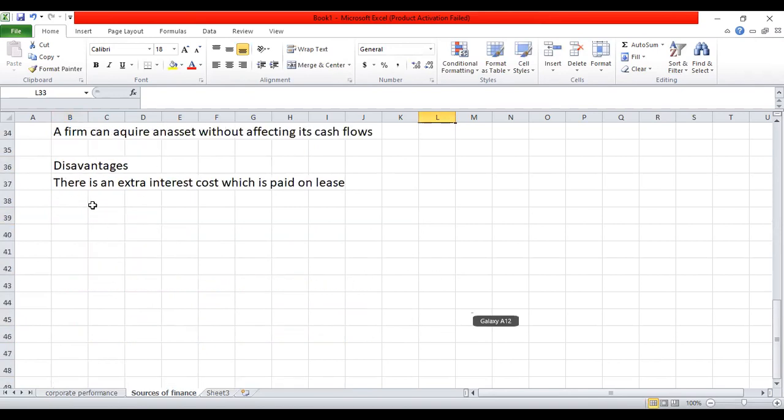Then another one we can talk about, which is going to be our last one. Under the short-term sources, we have what we call factoring. I think we talked about this one in working capital. Factoring and invoice discounting, you can put them into one.